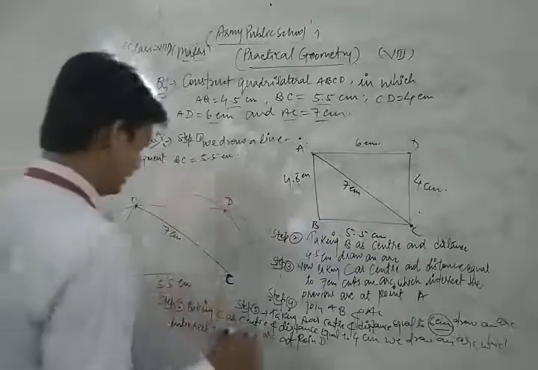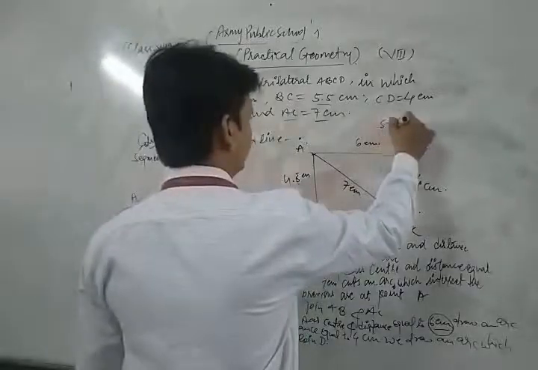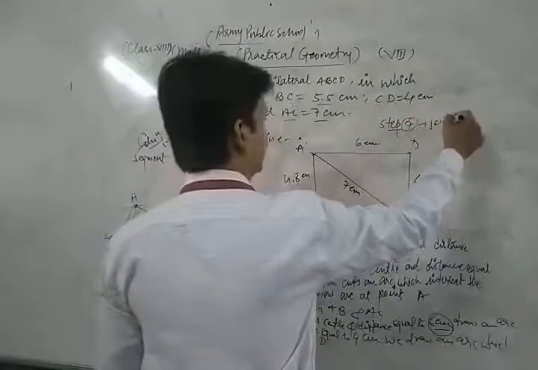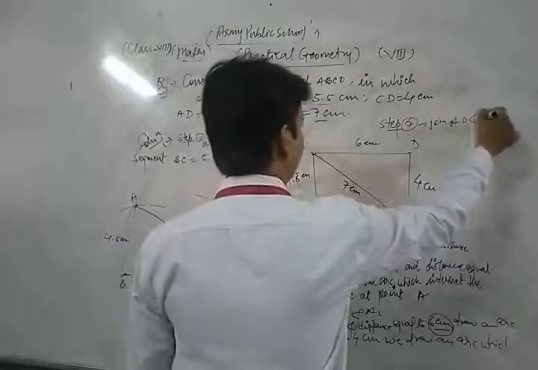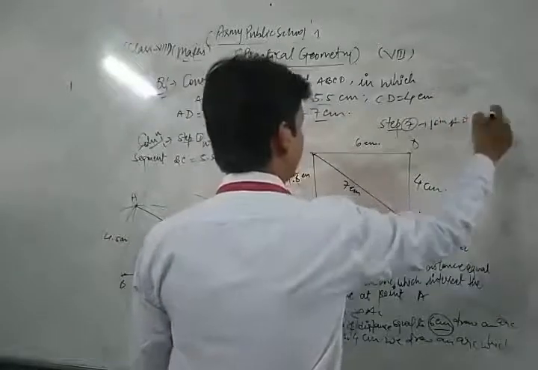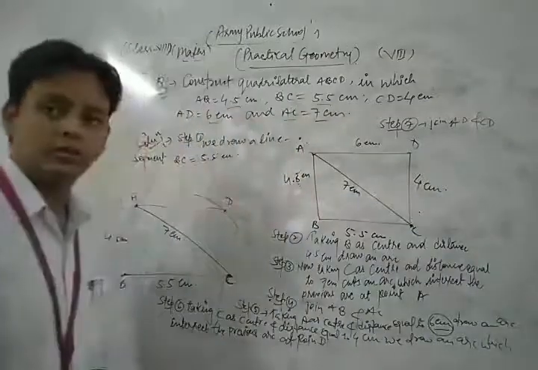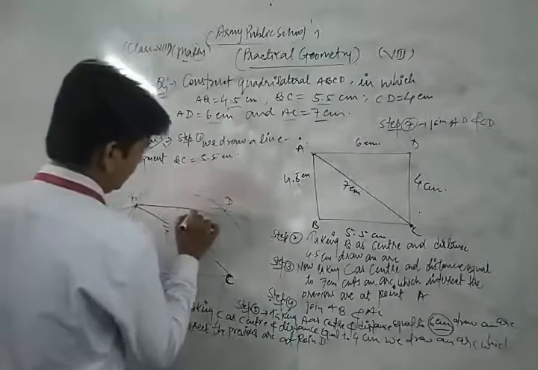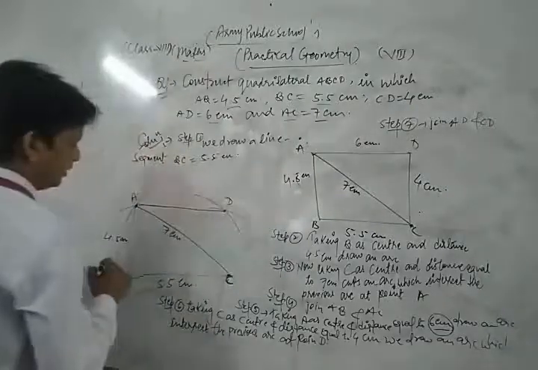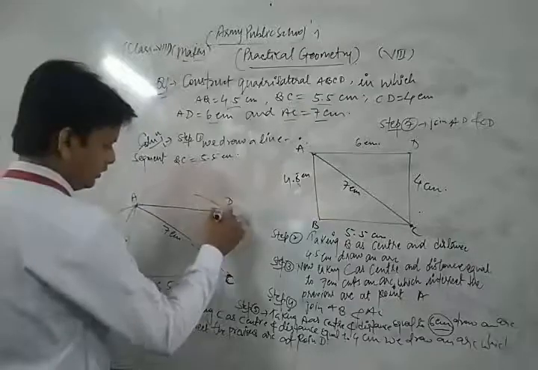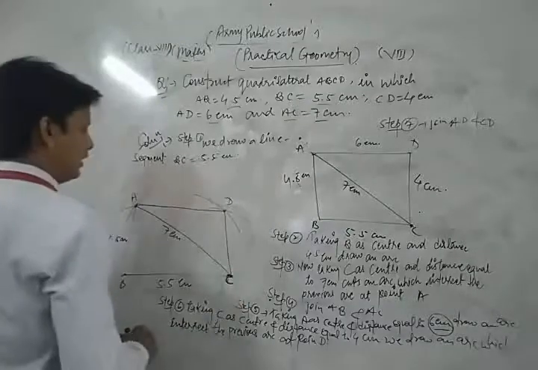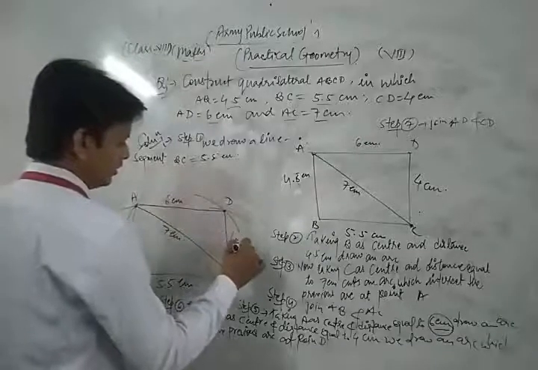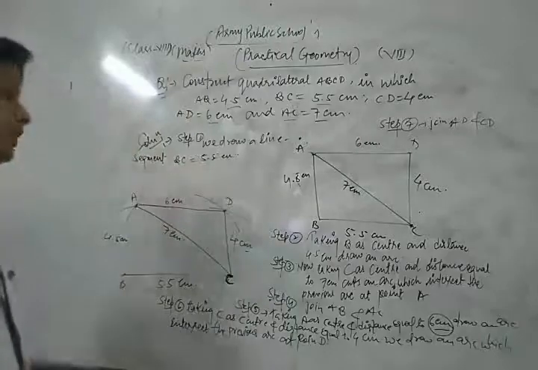Now finally in step 7, join AD and CD. Let's see. Just join AD and CD. AD is 6 centimeter, CD is 4 centimeter.